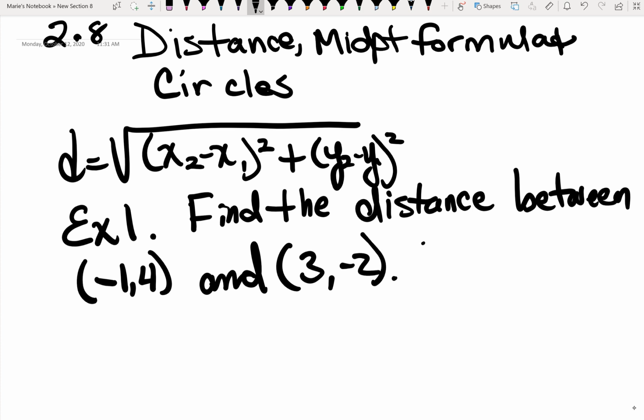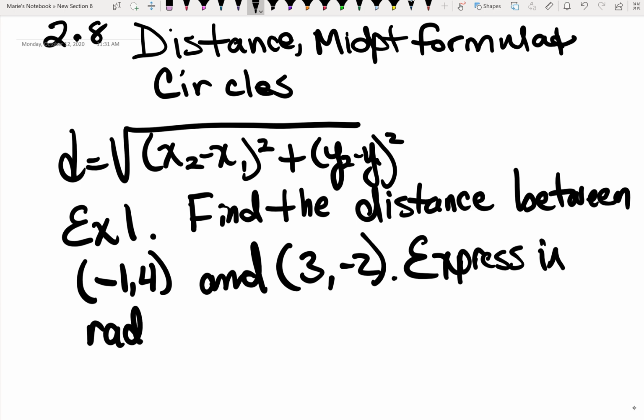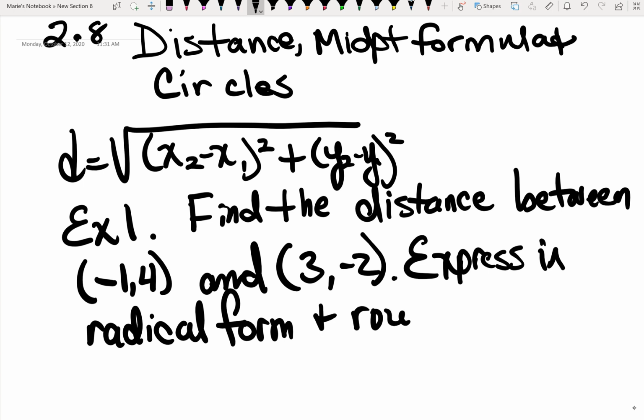And then they want you to express this in simplest radical form. They also want you to round it to 2 decimals.